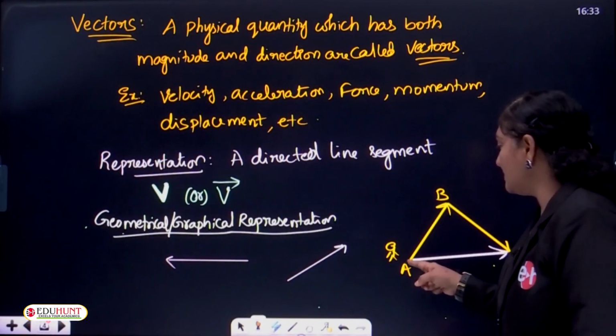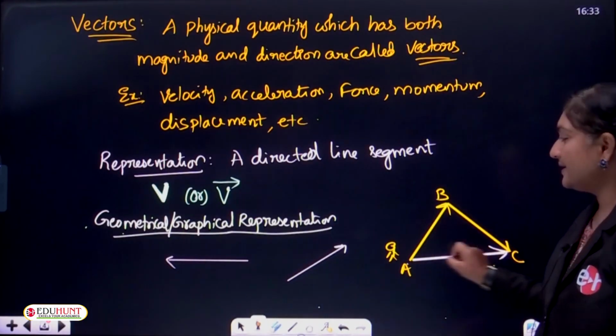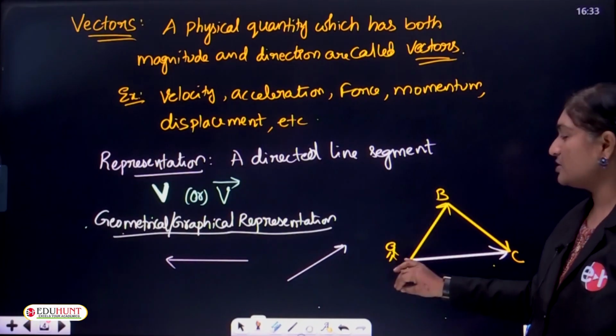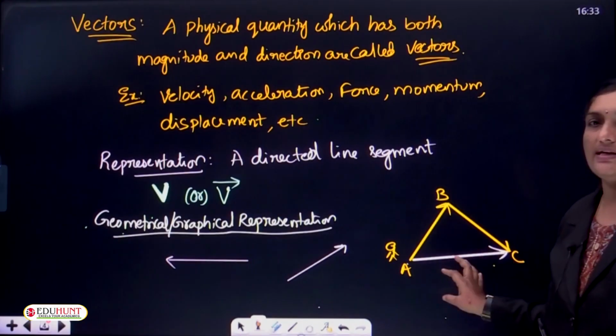For a scalar, you have to take the total reading. For a vector, it is the directed line segment which joins the initial position to the final position. That's it. It indicates the shortest length.